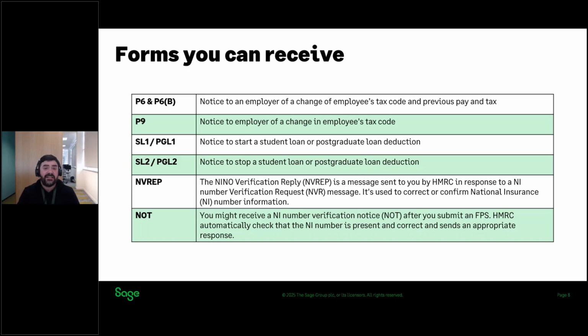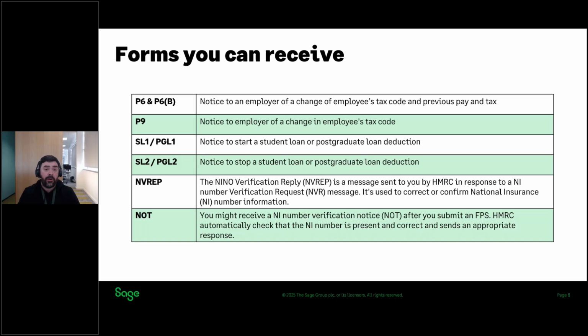The next ones in this list are student loan and postgraduate loan start and stop notices. So this is HMRC telling you to start or stop student loan deductions from an employee, and it would also contain details of the student loan plan type, which will determine the thresholds for when those deductions are taken. And you can get responses to any NI number verification requests that you've submitted.